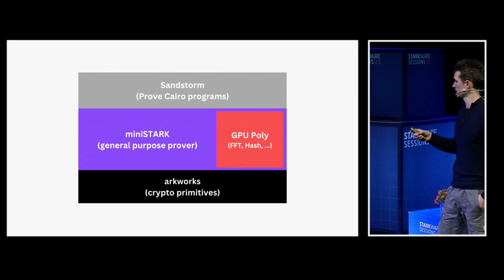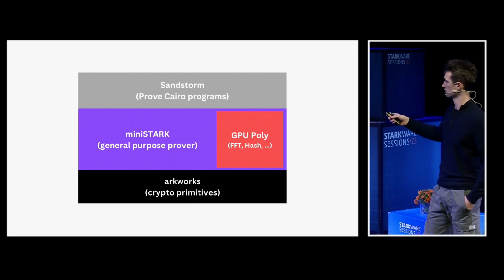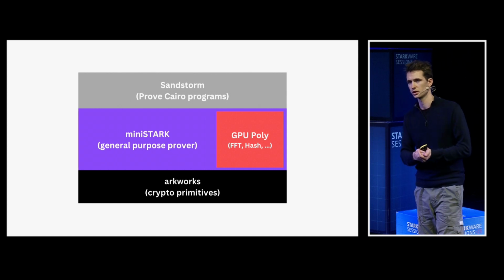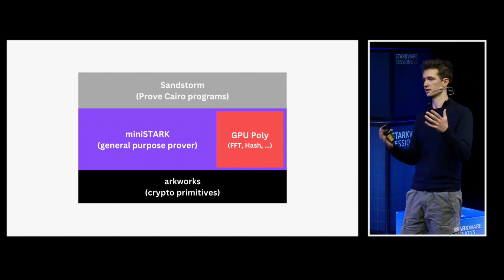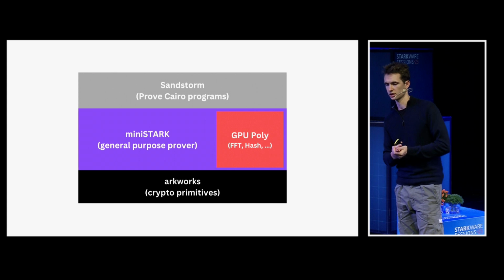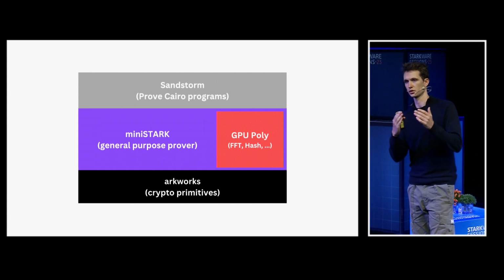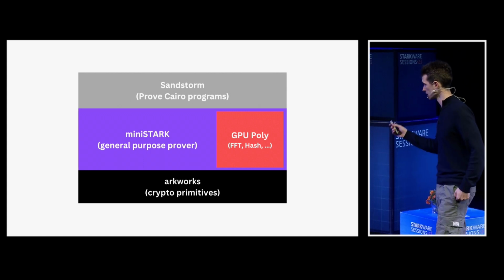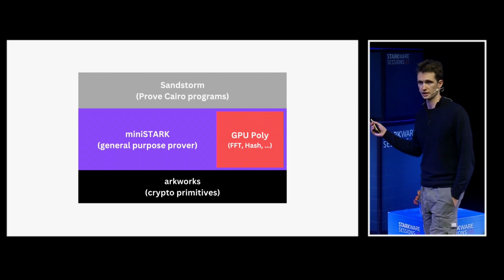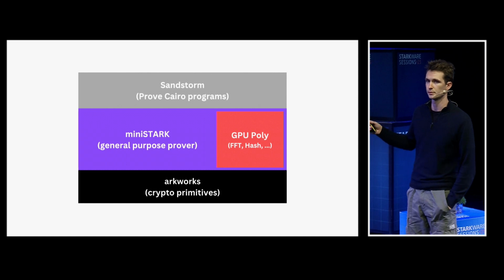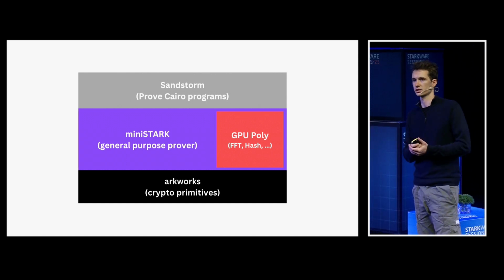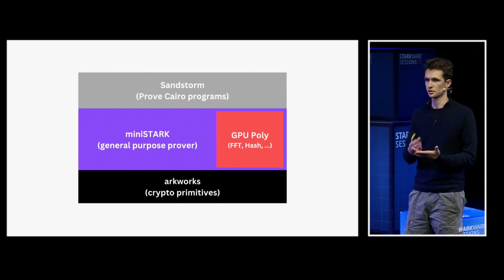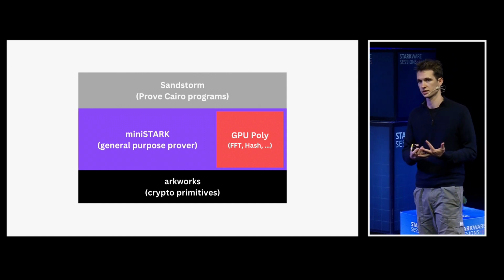I just want to reiterate, Sandstorm is just the lifting of the values from trace.bin and memory.bin into this table, and also coming up with the set of constraints for Cairo execution. In this case, the Stark prover is miniSTARK. It's a prover I made that's designed to run fast on consumer devices. That's iPhones, laptops, and also in the browser.